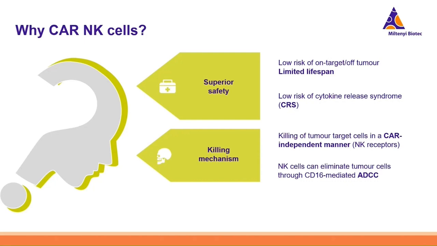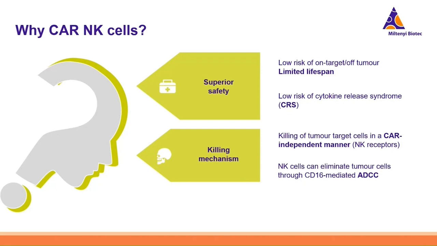They still have this capacity and can, for example, be activated by different receptors, such as natural cytotoxicity receptors or NKG2D, or co-stimulatory receptors, including DNAM, or by, for example, activating KIRs. In addition, NK cells can eliminate tumor cells through CD16-mediated antibody-dependent cellular cytotoxicity, so ADCC.